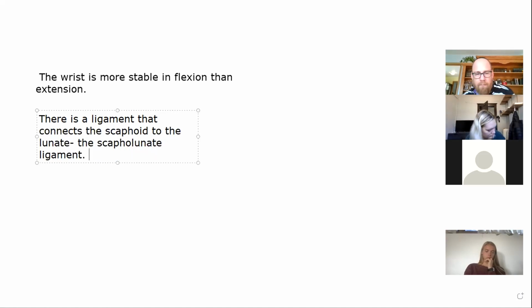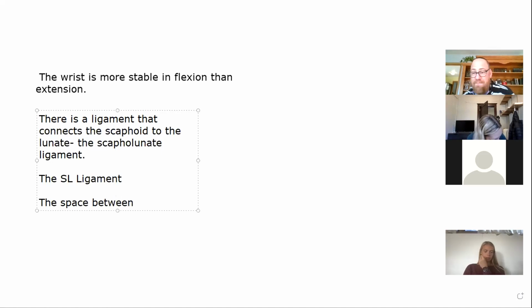All right. Now, we call that the scapholunate ligament or the SL ligament for short. Okay, now the space between the bones, and I'm going to draw that out here in a second. The space between the scaphoid and the lunate is called the scapholunate interval.